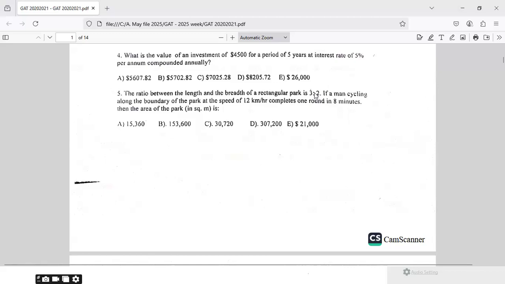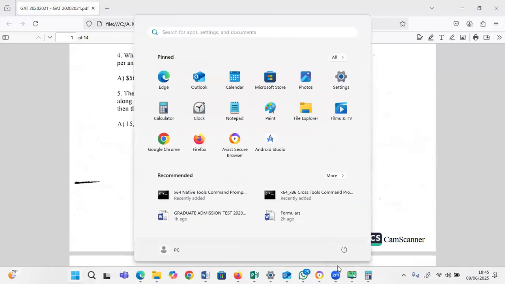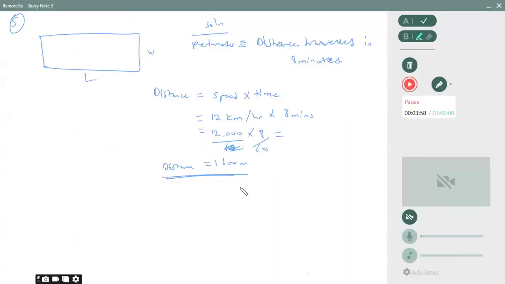So what you are going to do now, we shall say that as per the question, because we don't know the length value, let the length be 3x, and then the width be 2x.